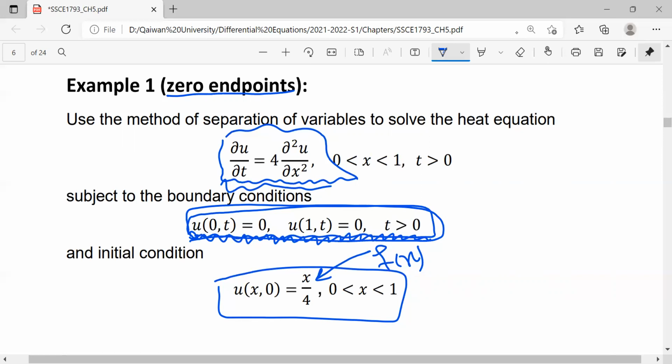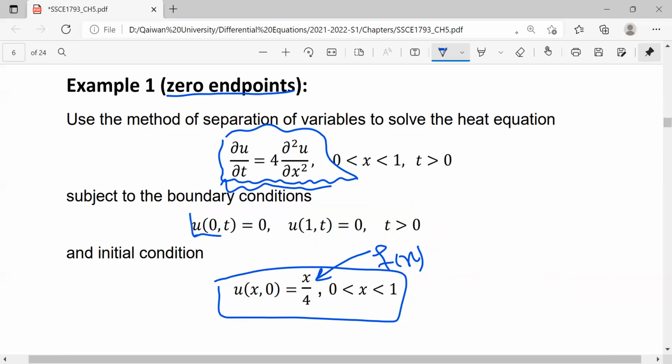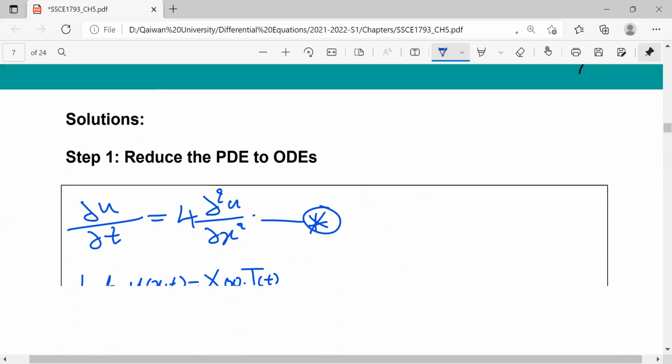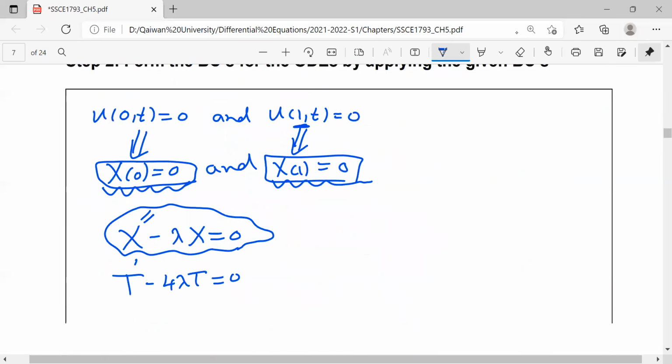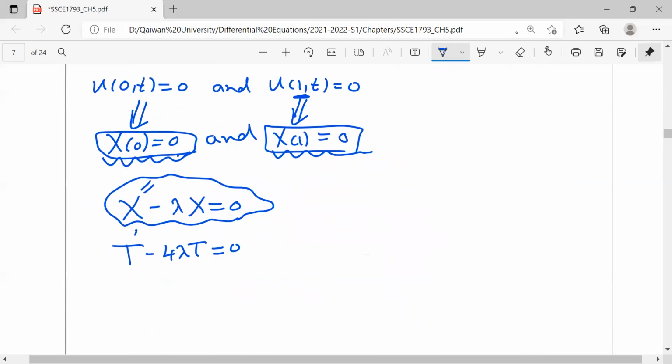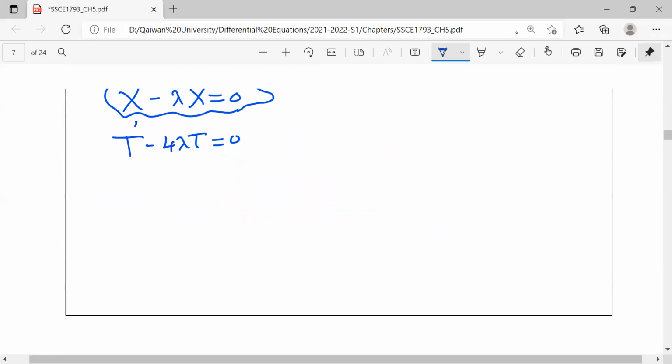Here we have two conditions, the boundary condition and the initial condition. We are given both. This one is boundary and this one is initial. From these boundary conditions, you can get the boundary conditions for the differential equations, which are X of 0 is 0 and X of 1 is 0.